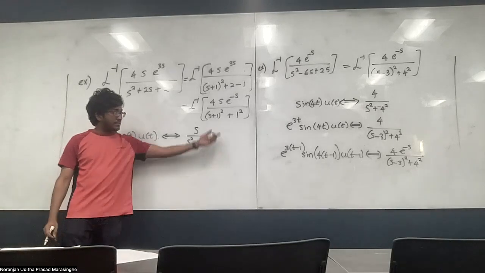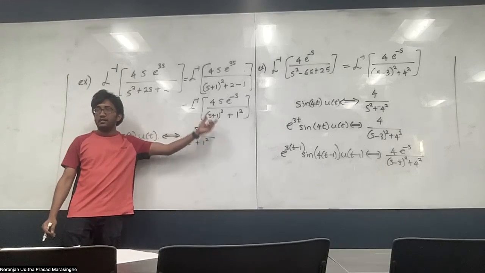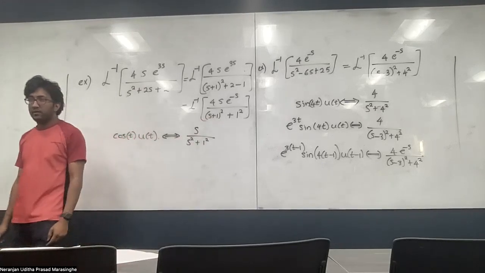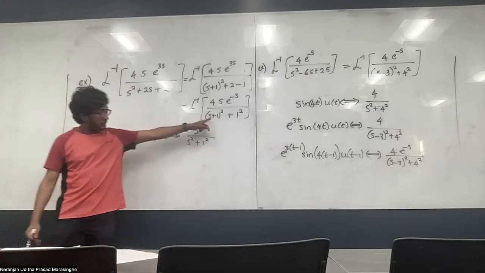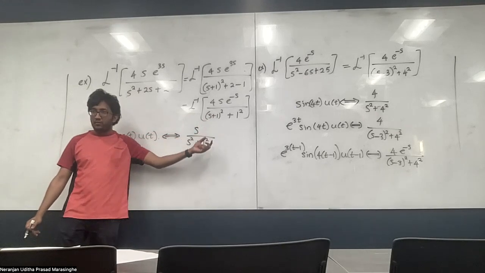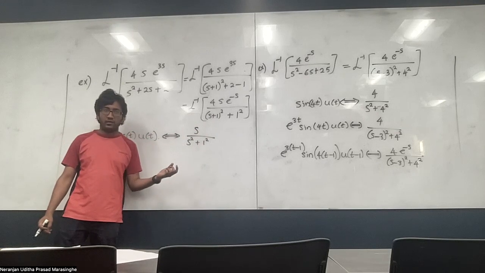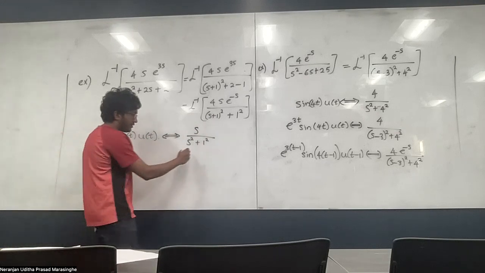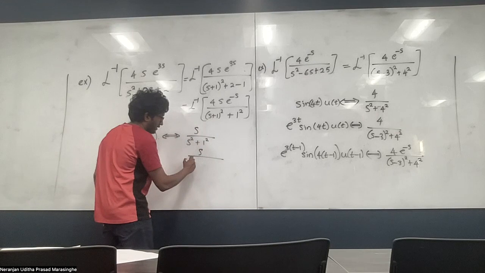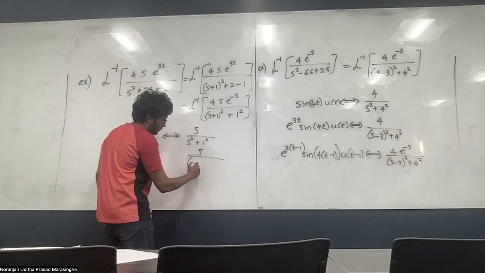Now let's try to construct this translation in the Laplace domain. If you consider the Laplace domain, you have (s plus 1) to the power 2, so translation has been applied in the Laplace domain. What can I say about the inverse Laplace of s divided by (s plus 1) squared plus 1?